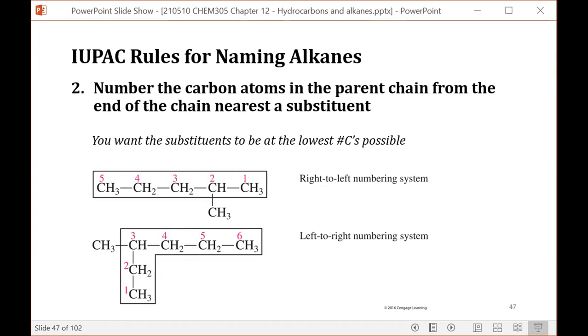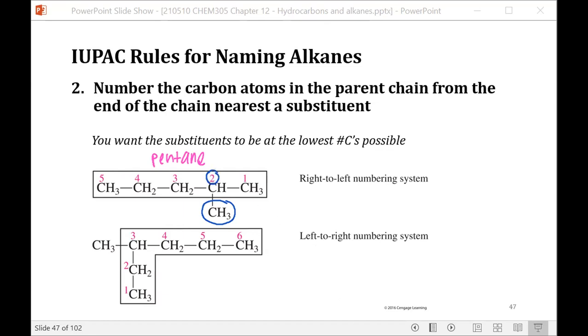These are the same 2 molecules from the previous page. If we look at the numbering for the first one, this is pentane, and we have a substituent group sticking off right here. We number it so that carbon number 1 on the parent chain starts at this end. So we go 1, 2, 3, 4, 5, so that our substituent group is at carbon number 2.